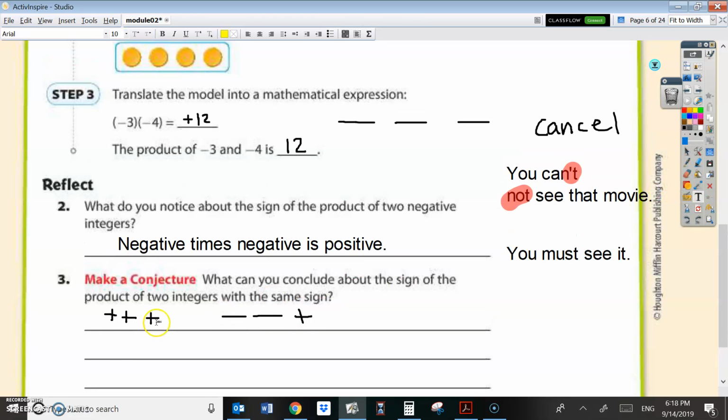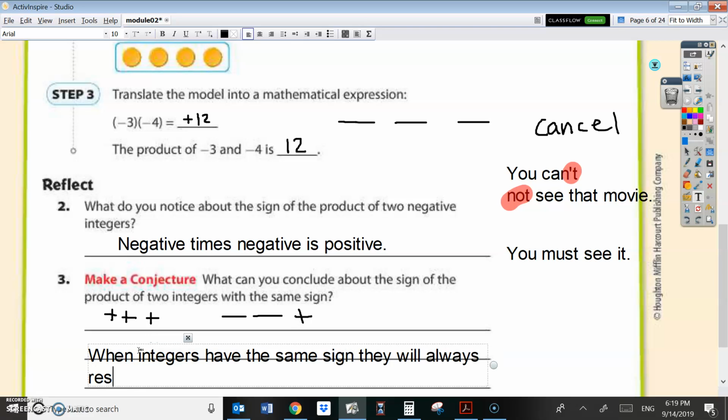So we can conclude that when integers have the same sign, they will always result in a positive product. Okay? Let's look at the next page.